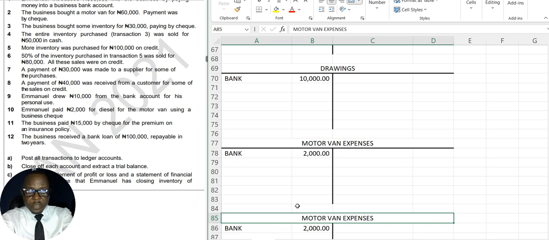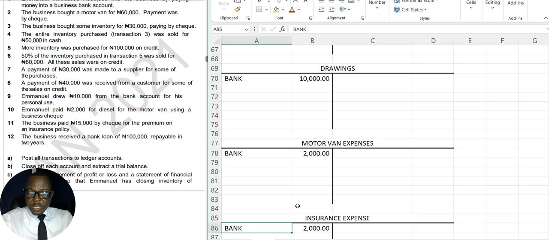So we're looking at, this is insurance expense. Insurance expense is receiving money paid 15,000 by check from bank.